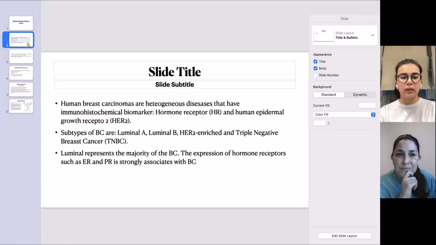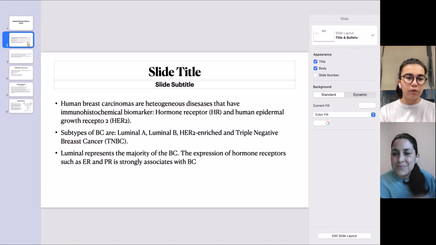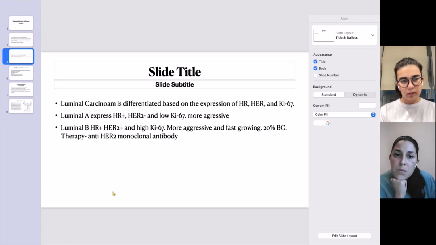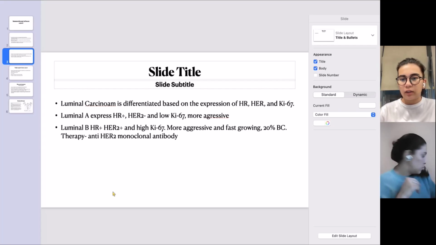Here is what I was basically talking about, the overall human breast carcinomas that are found in humans. And here are the types of the carcinoma disease, luminal A and luminal B, that depend on the expression of HER and Ki67 receptors.